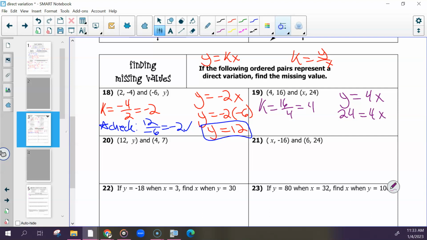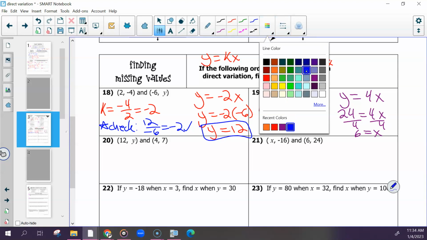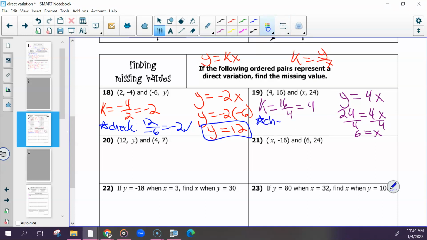Divide both sides by 4. And then even though we solve for a different thing, the check still works here. So if I take the 24 we were given and the 60 found and divide them, we still get 4, which was our k value, which works. So we know we did that right. Questions on that one?